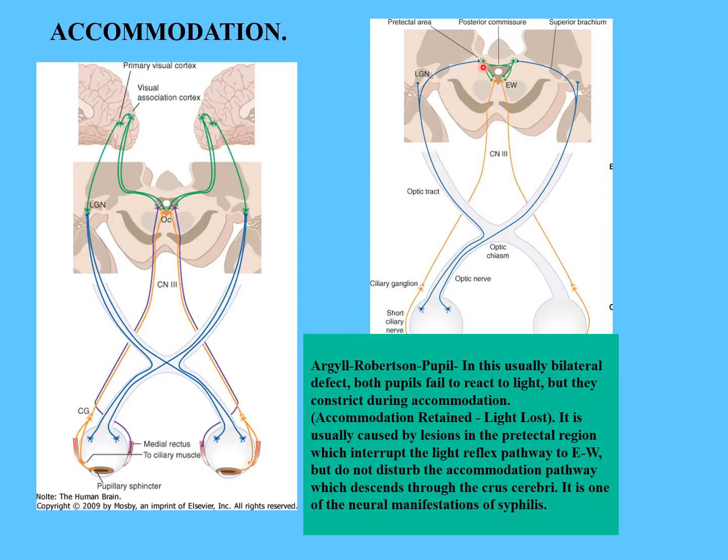In this setting, it interrupts the light reflex to the Edinger-Westphal nucleus, but does not disturb the input coming from the cortex for accommodation, which comes down through the crus cerebri and up to the Edinger-Westphal nucleus. It is a distinct manifestation of neurosyphilis.